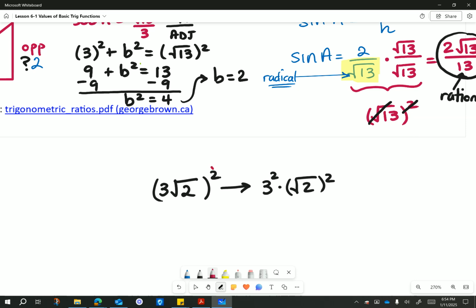So in a way, you are sharing the exponent to both terms on the inside. 3 to the second power is a 9. The square root raised to a second power is just the number inside that radical. So this will end up equaling 18. Okay? So if you come across a situation where you have a number outside of the radical and the whole thing's being squared, make sure each one of those numbers is raised to the second power.